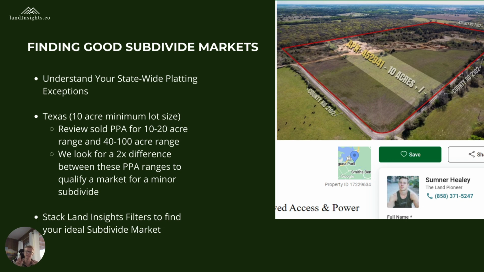So you could pick the very best market to flip subdivided properties in using stacked Land Insights filters. So it's very valuable, and I see subdividing being much easier to conduct with our pricing and our demand and volume tools within our Land Insights database.